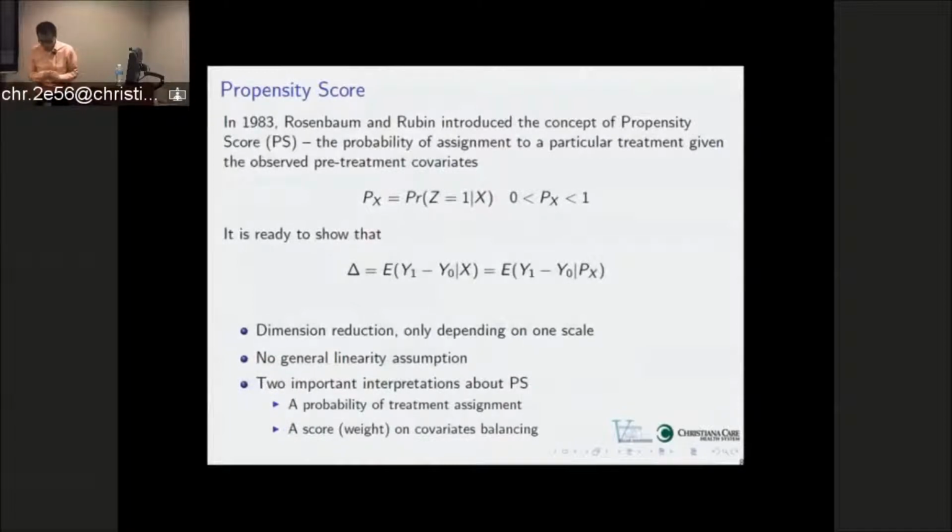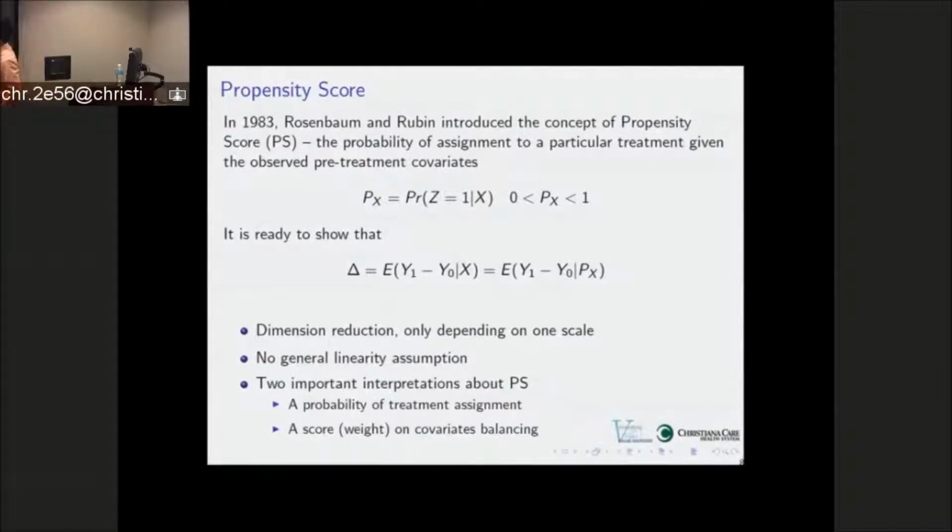Because of this, in 1983, Paul Rosenbaum and Don Rubin introduced the concept of the propensity score. The propensity score is defined as the probability of assignment to a particular treatment given the observed pre-treatment covariates.